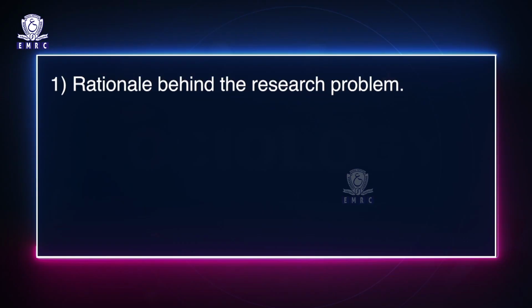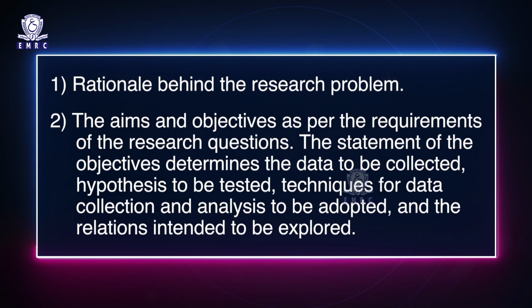Apart from the research problem, these aspects should be stated clearly. What are they? Firstly, the rationale behind the research problem. Secondly, the aims and objectives as per the requirements of the research questions. The statement of objectives determines the data to be collected, hypothesis to be tested, techniques for data collection and analysis to be adopted, and the relations intended to be explored.